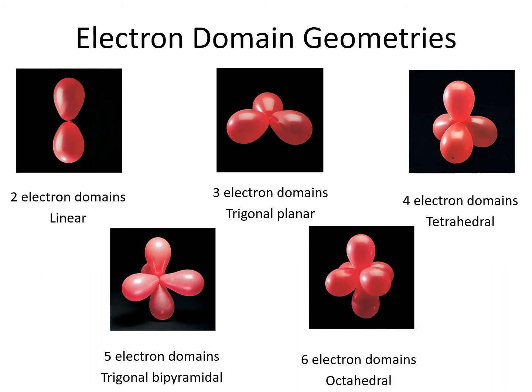6 domains is octahedral electron domain geometry. You may be confused at first because octa means 8, but the octahedral is referring to the shape of the geometric solid. If this were a geometric solid, it would have 8 sides, like a D8 die in Dungeons & Dragons. It would only have 6 corners, though, and you can think of the 6 electron domains as pointing towards one of the 6 corners.